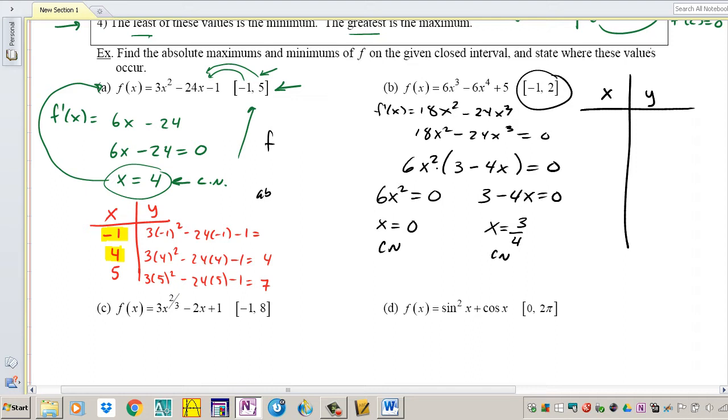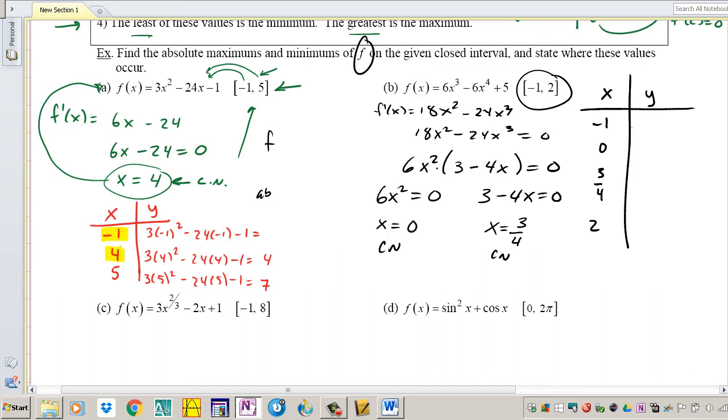So let's begin with -1, 0, 3/4, and 2. So plugging in -1 into my original function, because we want to find the minimums and maximums of f, so we've got to plug them back into our original equation.